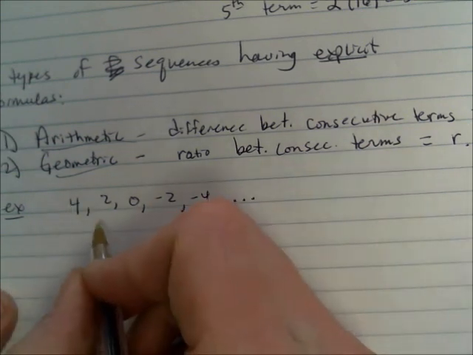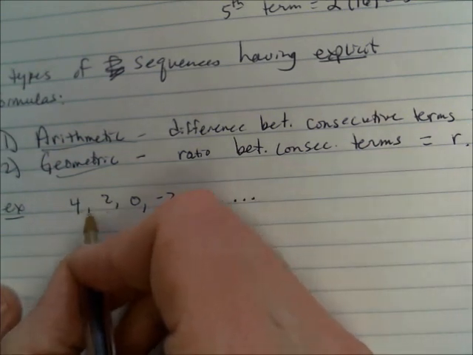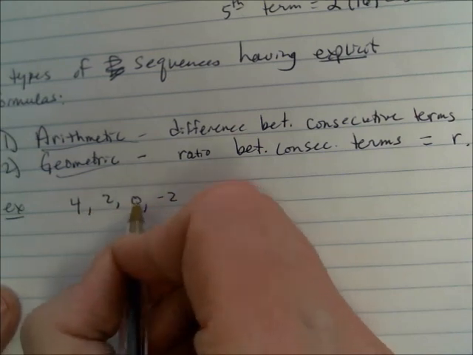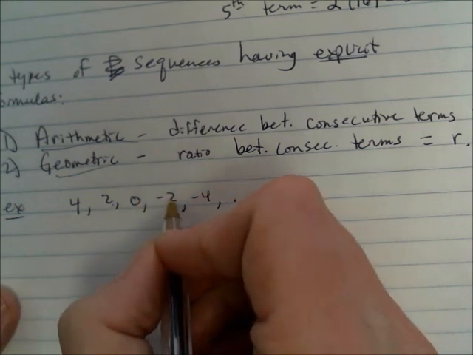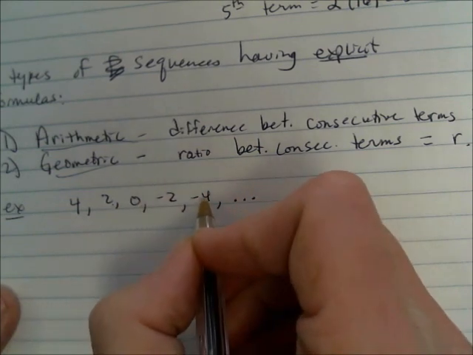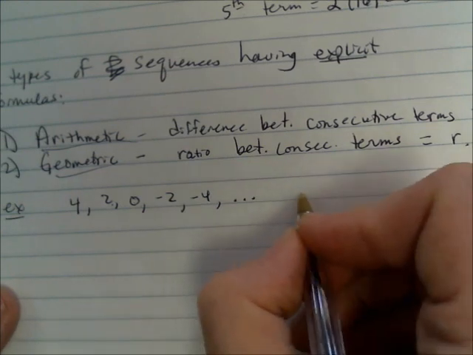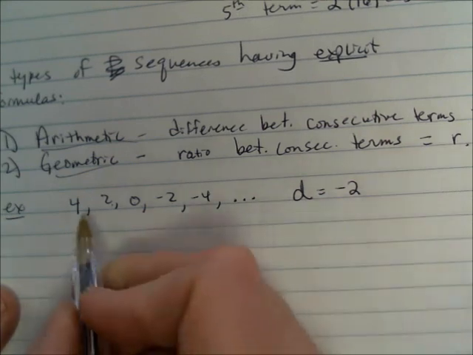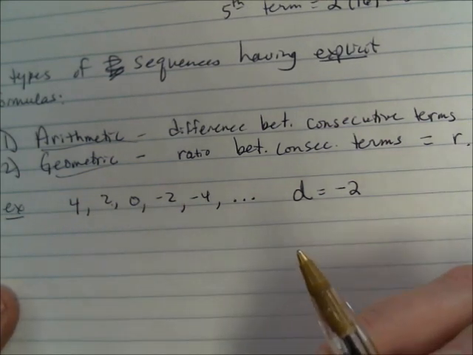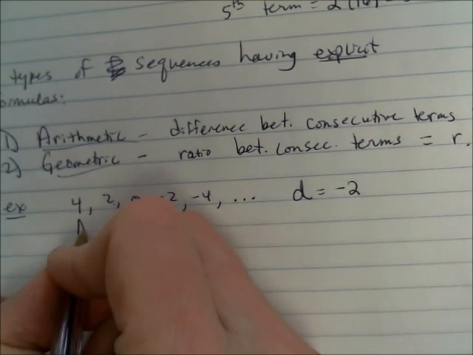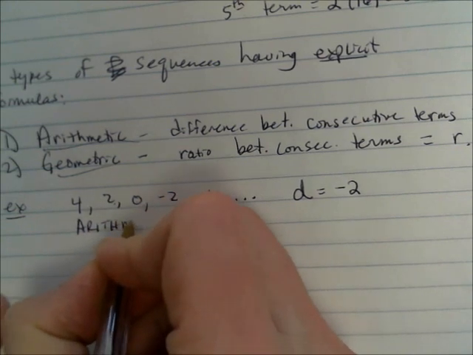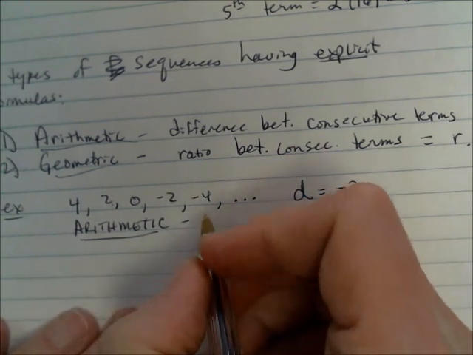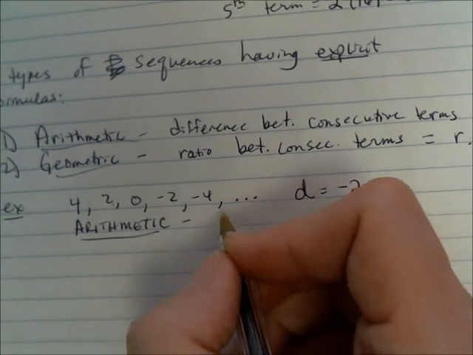Well, to determine whether it's arithmetic or geometric, you just subtract two terms. 2 minus 4 is the same thing as 0 minus 2, is the same thing as -2 minus 0, is the same thing as -4 minus 2. So that has a common difference, and that common difference is -2. In other words, you just keep going down by 2's. So that's arithmetic. Subtract any two consecutive terms and you always get the same thing.